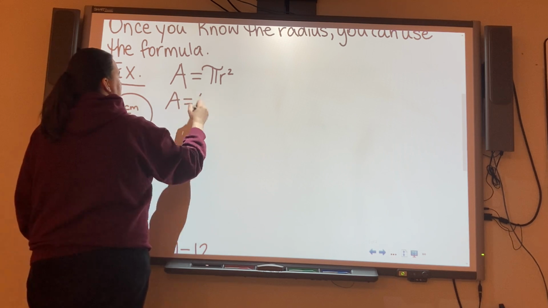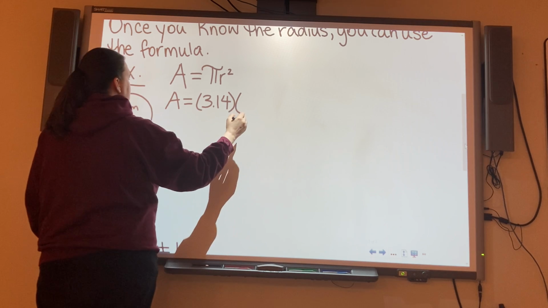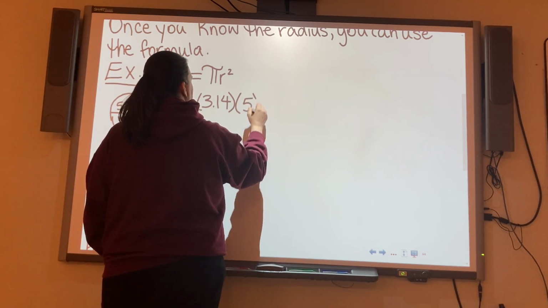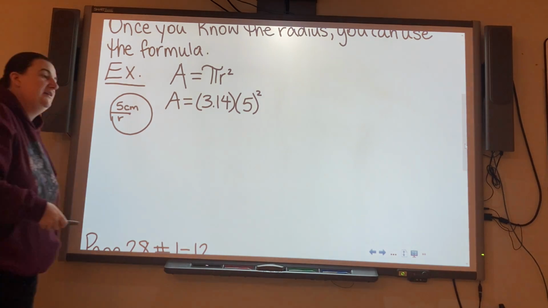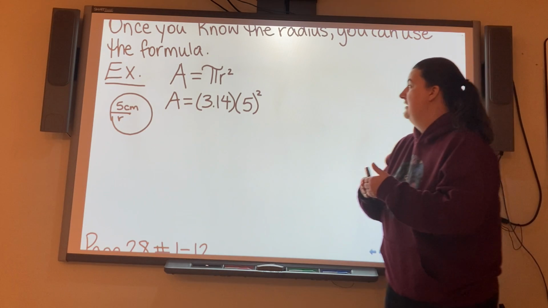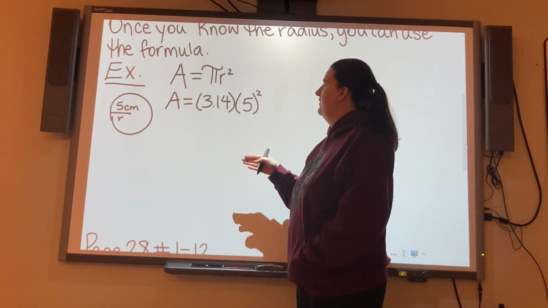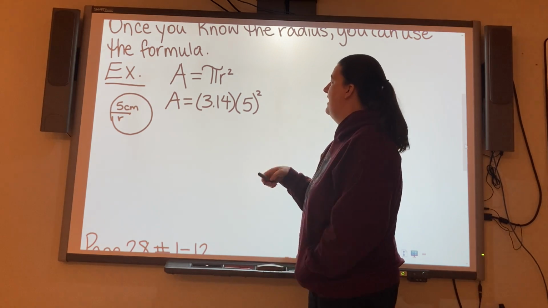Area equals 3.14 times 5 to the 2. Why am I putting them in brackets? Because that's a shorthand for multiplication. So I put the 3.14 in brackets, put the 5 in brackets. When those brackets are touching, it just means multiply.